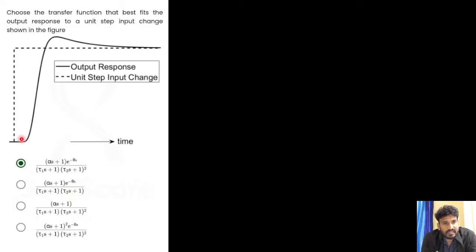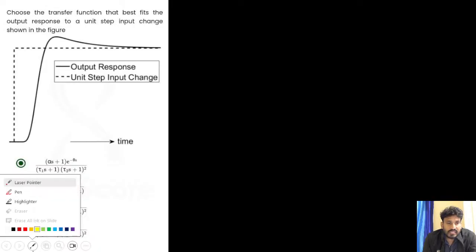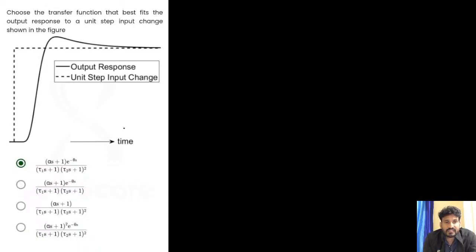So it means there is a dead time here. Yes or no? And I know the transfer function of the dead time, that is e raised to power minus tau d s. This tau d can be anything. So first of all there should be a dead time transfer function in the overall transfer function.